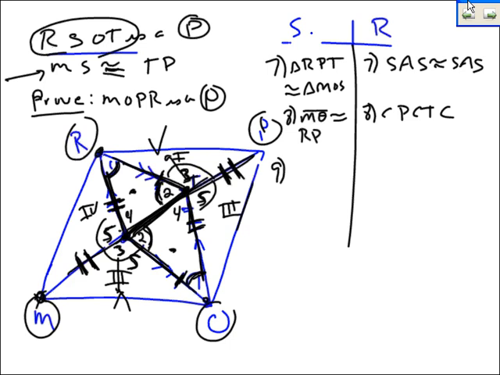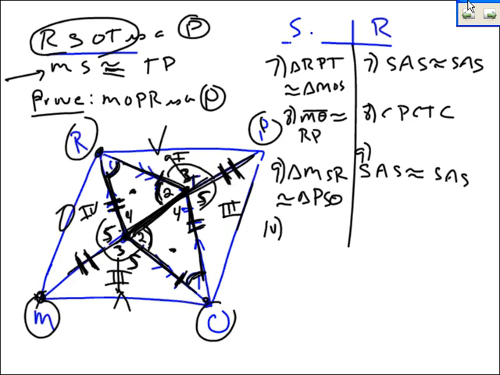So number 9, triangle MSR is congruent to triangle 3, which is PSO. Side, angle, side. And now this is where we wind down. Now I can say that MR and PO are equal. MR is congruent to PO.